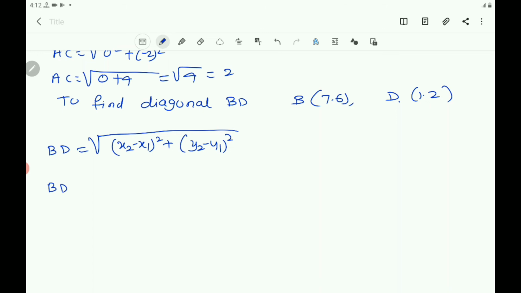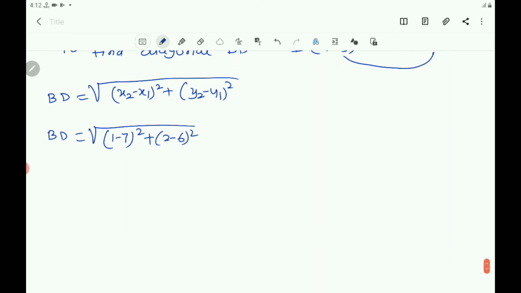Then BD equals square root of (1 minus 7) whole square plus (2 minus 6) whole square.